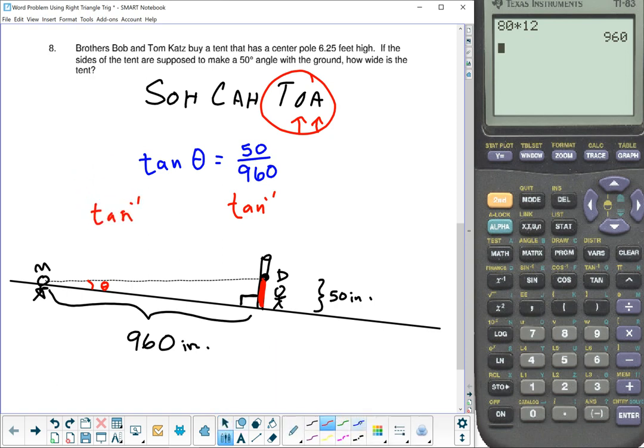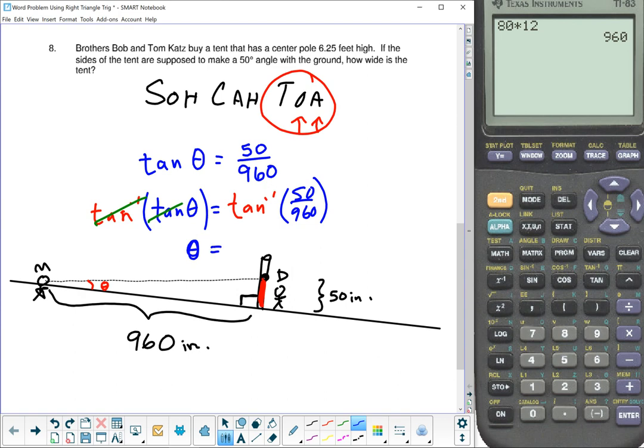So inverse tangent of tangent theta equals inverse tangent of 50 over 960. Right. So those inverse tangents and the tangent will cancel, leaving you with just nice fat theta.